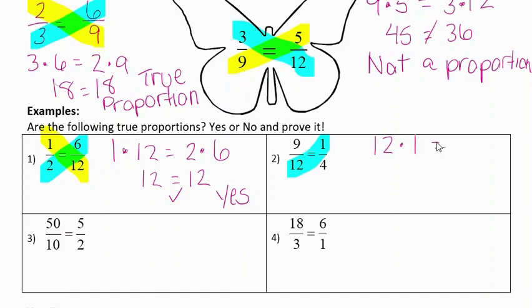If you multiply the other direction first, that's fine. You're just trying to make your two wings. And then I have 9 times 4. So 12 times 1 is 12. 9 times 4 gives you 36. So these are not the same, which means these are not proportional relationships.